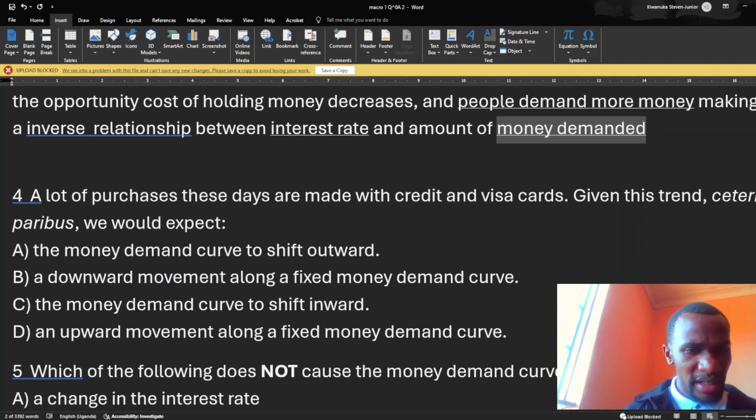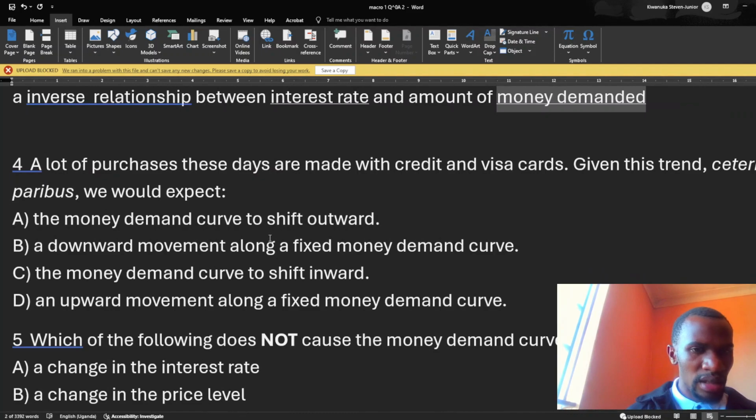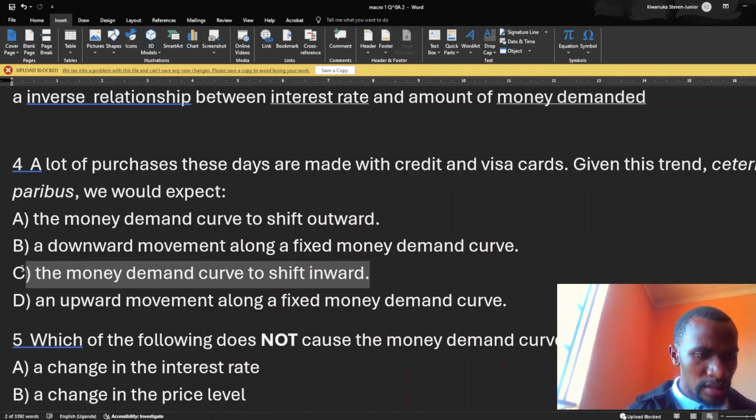Number four, a lot of purchases these days are made with credit and Visa cards. Given this trend, keeping other factors constant, that is ceteris paribus, we expect that whenever we make cashless transactions, the money demand will shift inwards. This is C, control U. This means the money demand will shift inwards.